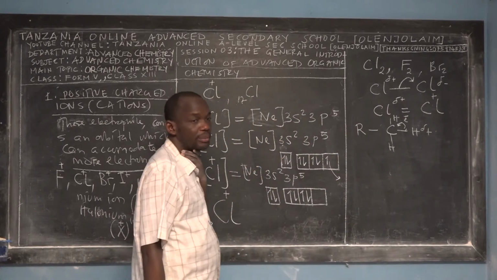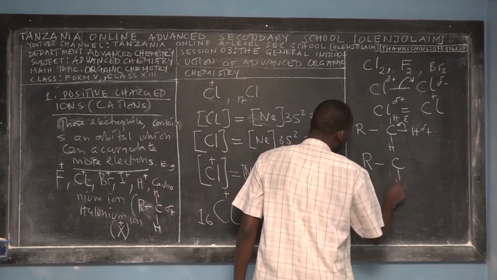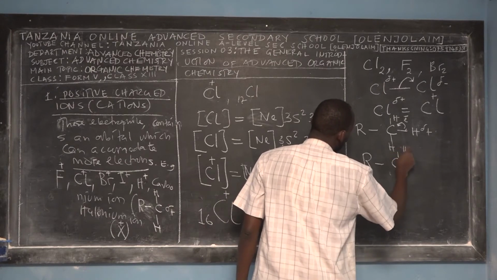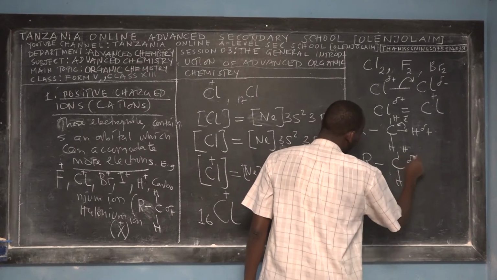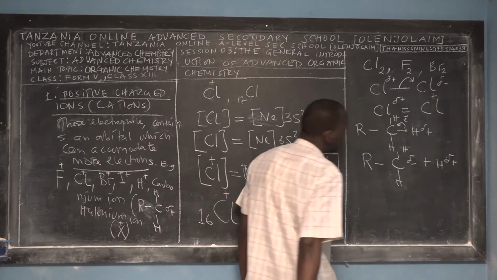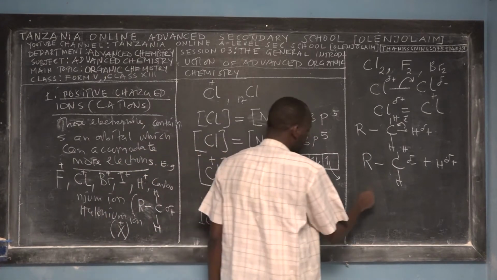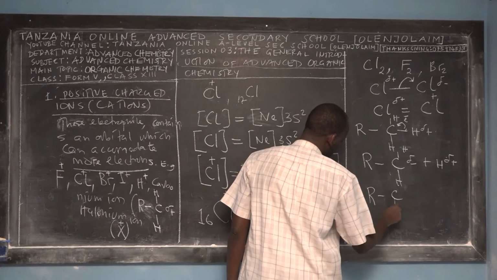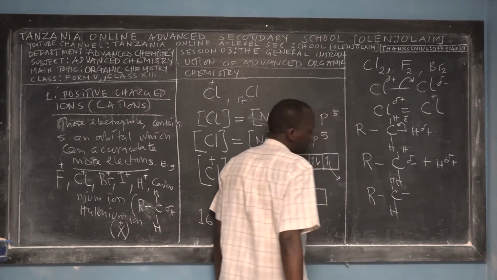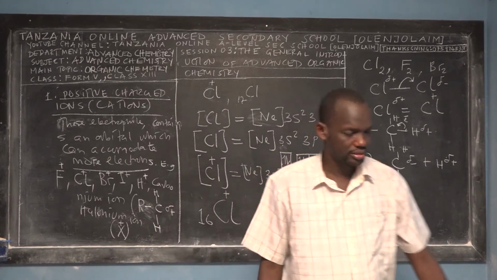So carbon is partially negative, and hydrogen is partially positive. These carbonium ions are the ones that you write like this. Are we together?